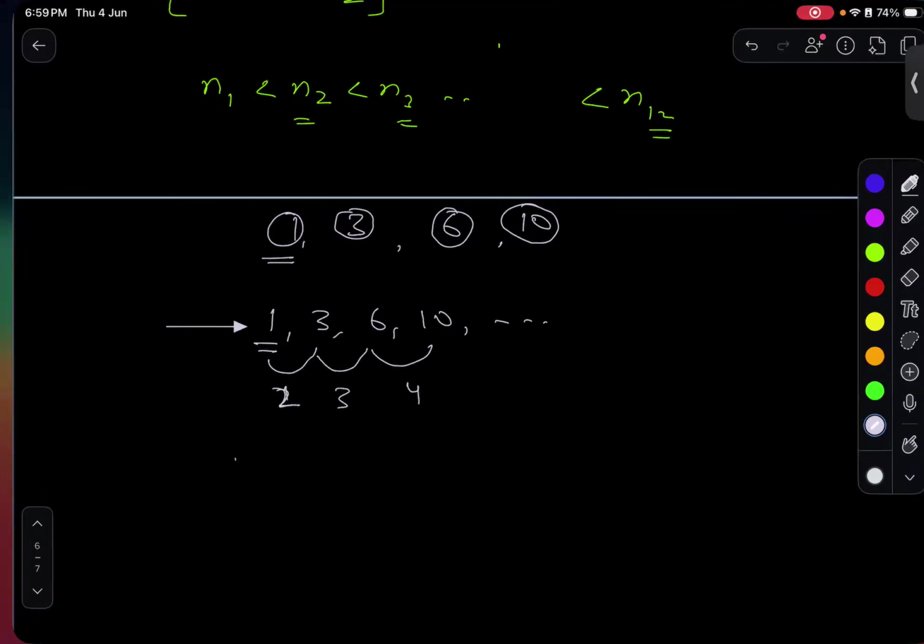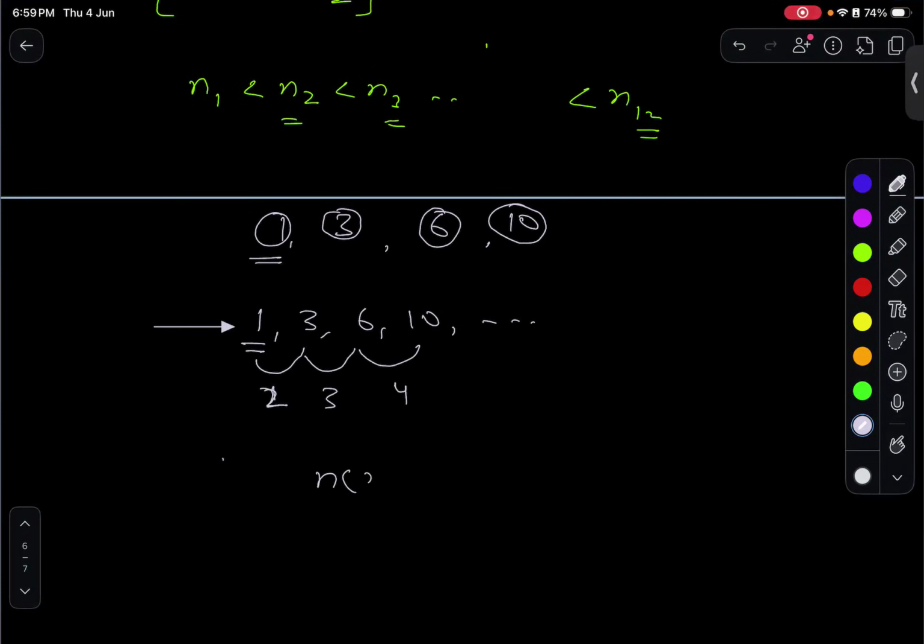The triangular number will be the sum n(n+1)/2. I'll explain why this number is called triangular number and what its properties are. And till what number do I have to reach? 1 is 1, 2 is 3. So 12 we have to use. 78, I guess.